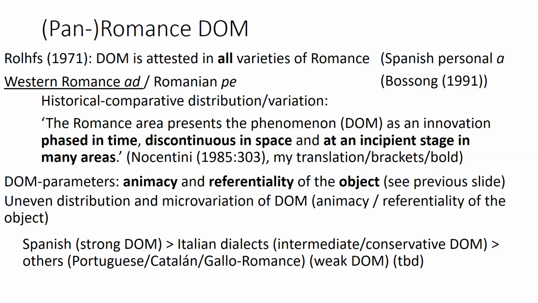And finally, all the others, Western Romance dialects, all have some form of DOM, but it's weaker than both Spanish and Italian dialects. So I think Western Romance DOM can be summarized on this scale here: Spanish, Italian, then all the others. This will be made clear in the course of this presentation.